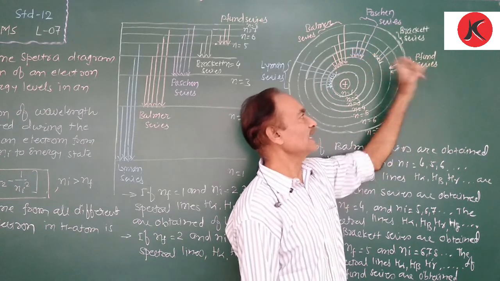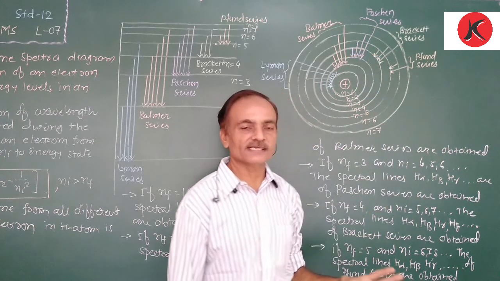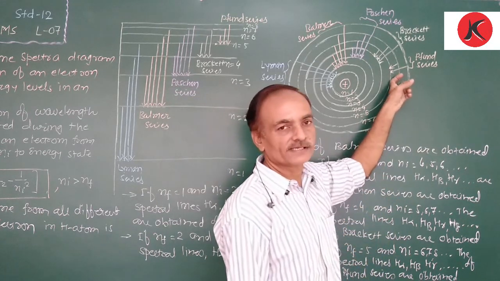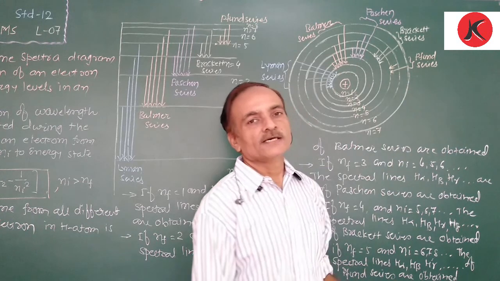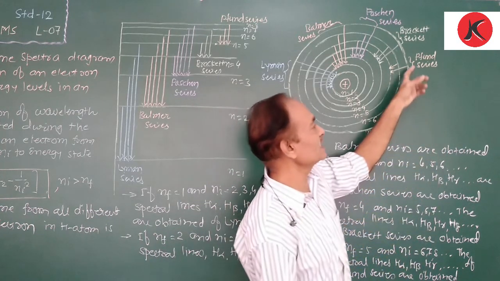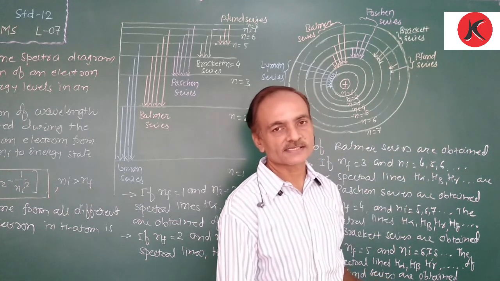And then last is, if the electron makes the transition from any orbit to the fifth orbit, the wavelength of the light emitted during this transition is in the Pfund series.